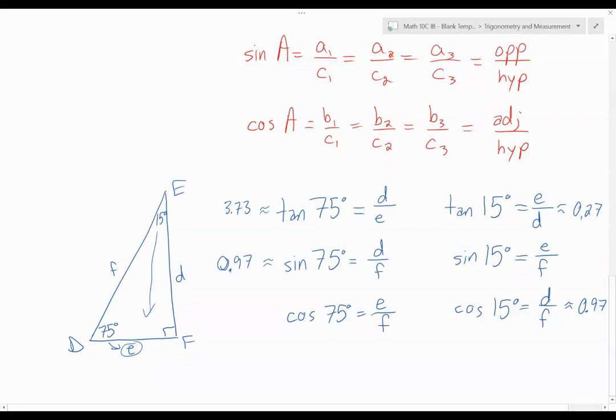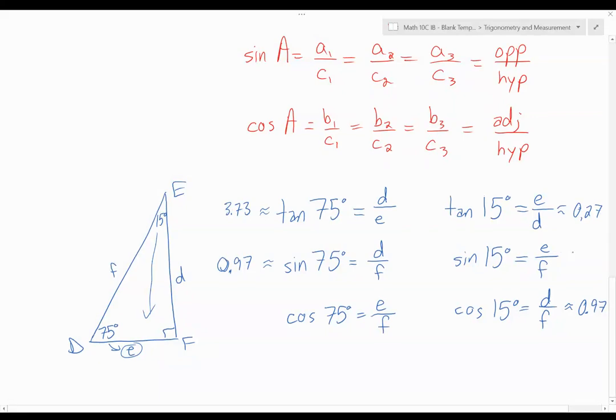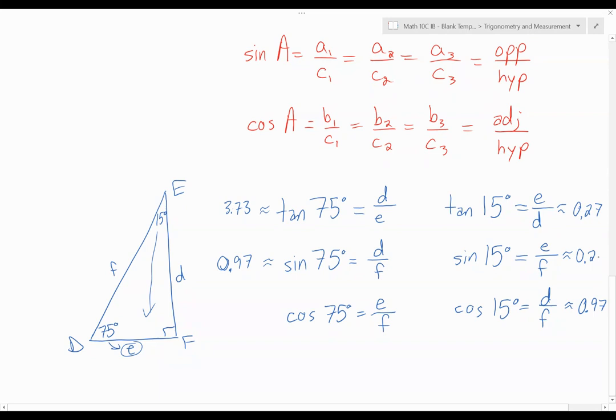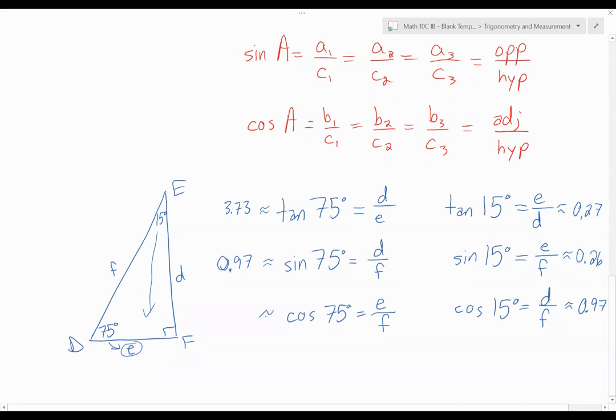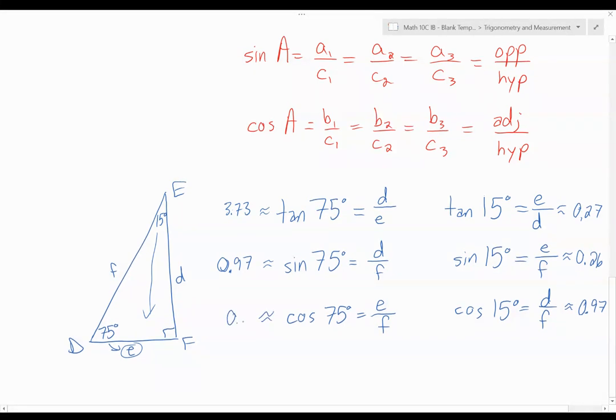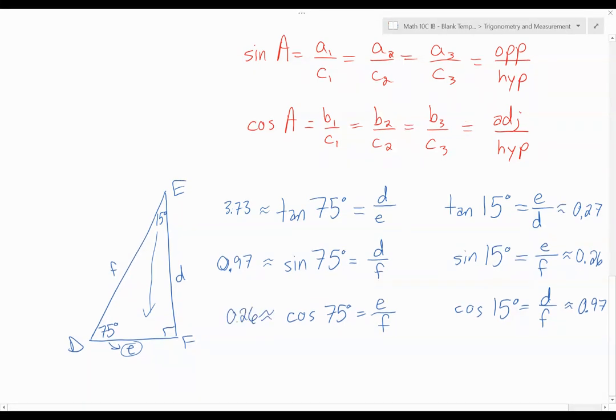And the sine of 15 is about 0.26, which means that the cosine of 75 is also about 0.26. So no matter which right triangle you draw, if it has a 75-degree angle and a 15-degree angle, these are going to be the ratios of the sides, no matter how big or how small you have drawn them.